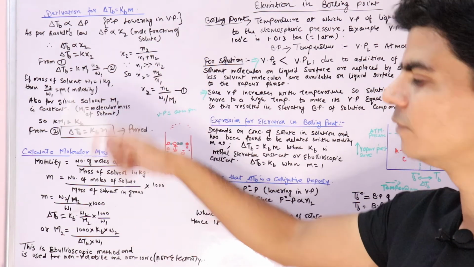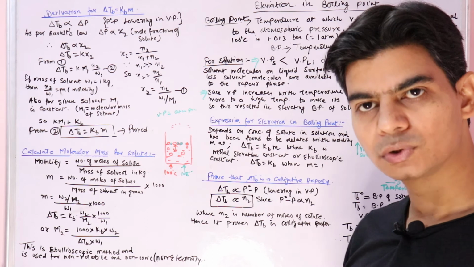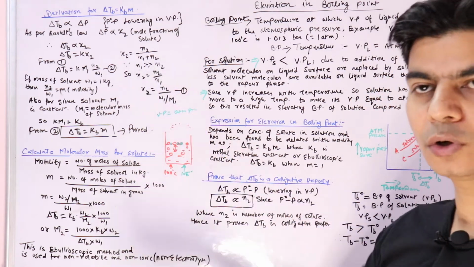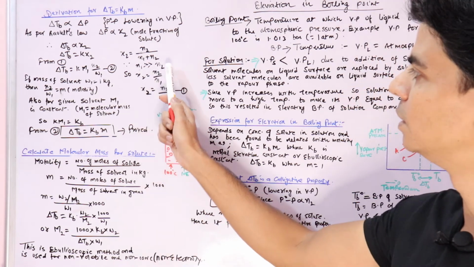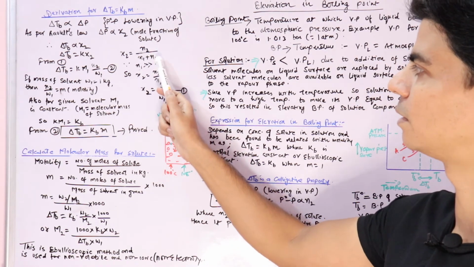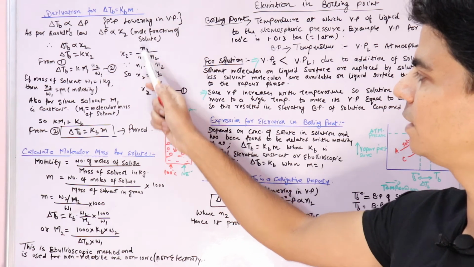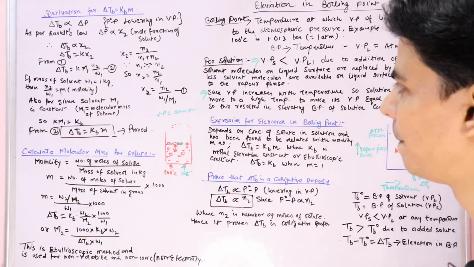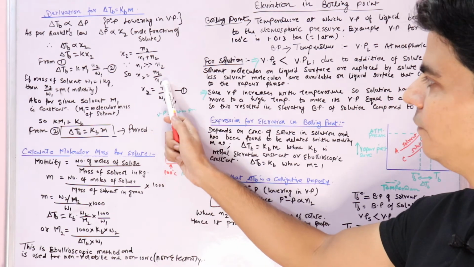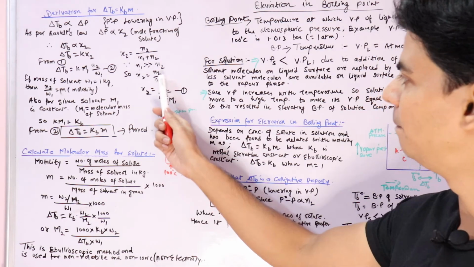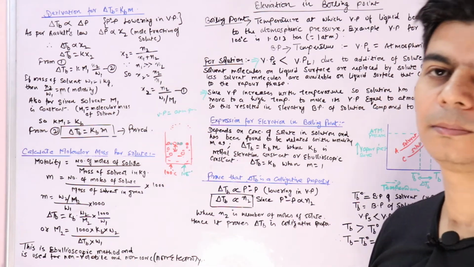And we know that N1, the moles of solvent, is very much greater than the number of moles of solute, right? So N2 can be ignored in the denominator, and we can write X2 is equal to N2 upon N1. We know that number of moles is mass upon molecular mass.